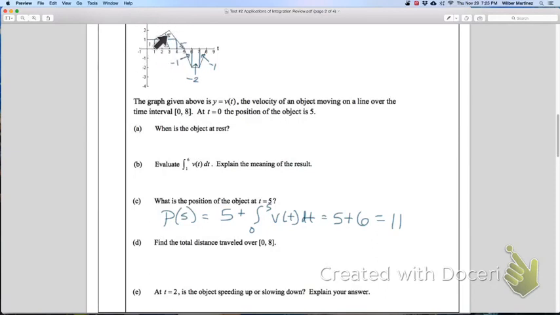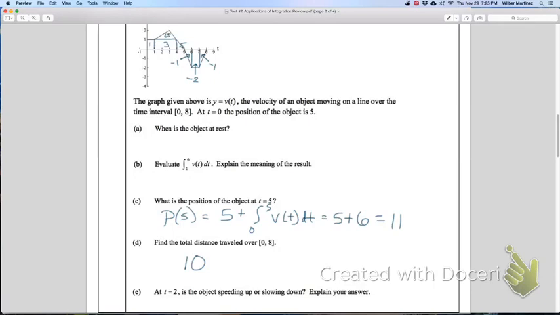We added these, 1 plus 3 was 4, plus this 2 was 6. And again, for total distance, I'm going to take the absolute value of this. I want to know, without backtracking essentially, tell me how much distance I covered. So we're going to take 6 plus 1 to be 7, plus 2 to be 9, plus 1 more to be 10. So the total distance traveled was 10 units over the course of those 8 seconds.